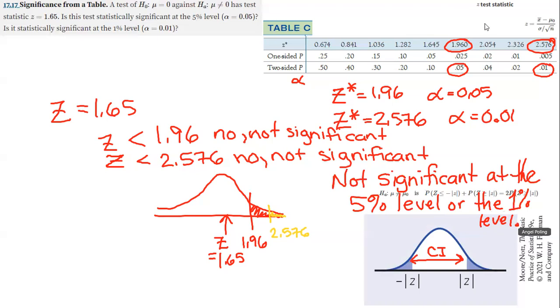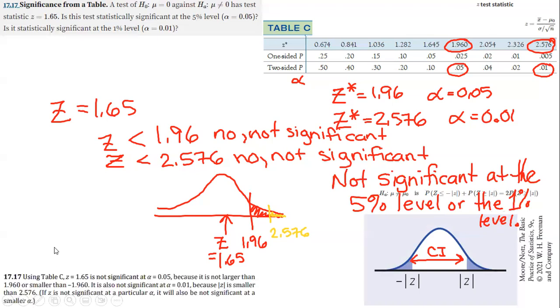Let's check what the book says. The book gives us a Z of 1.96 for the alpha 5, a Z of 2.576 for alpha 1.